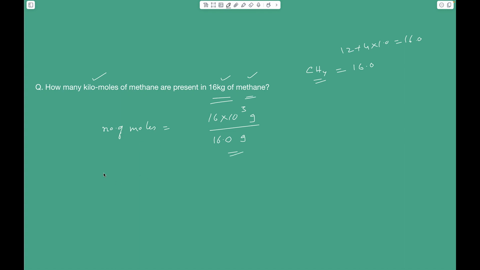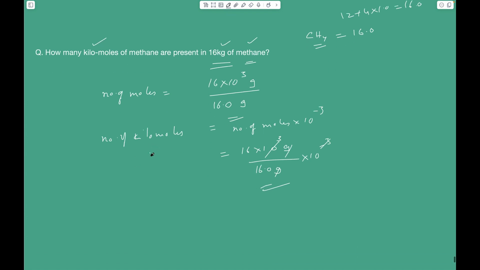Then to get the number of kilomoles, you have to multiply the number of moles with 10 to the power of minus 3. That is 16 times 10 to the power of 3 grams over 16.0 grams times 10 to the power of minus 3. These two get cancelled, and you do the simplification.